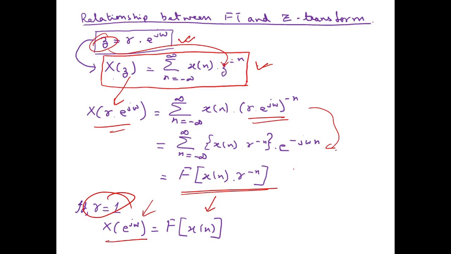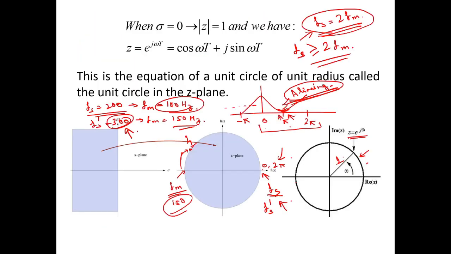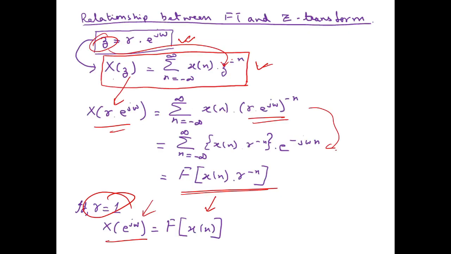That means when you are moving on the unit circle, you are basically considering the Fourier transform. So with this, we finish the chapter. If you have any questions, we can discuss.